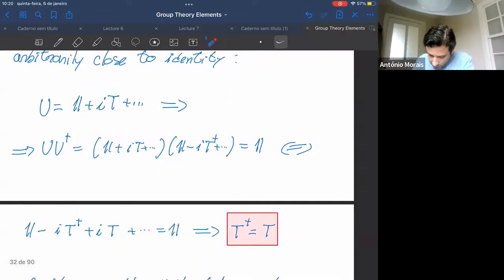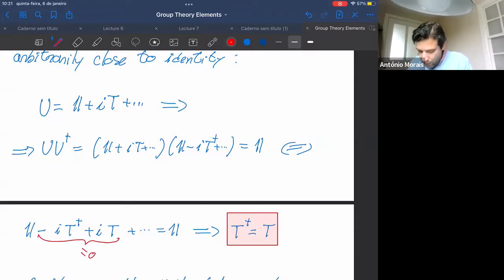You just reorganize your terms here. You get the unitarity here and here, and you conclude from here that this bit here has to be 0, with the minus included, of course.